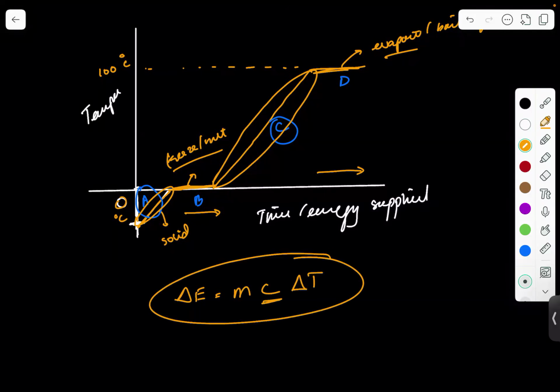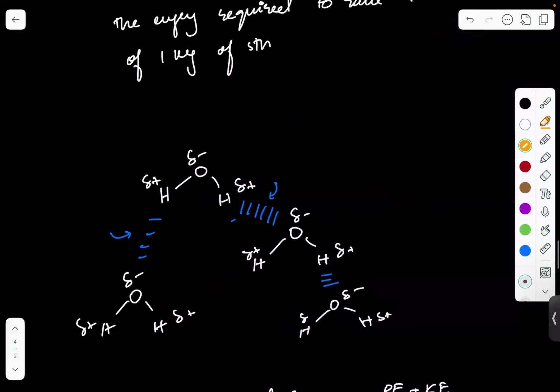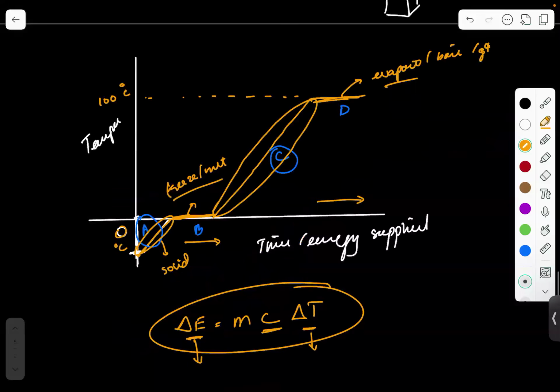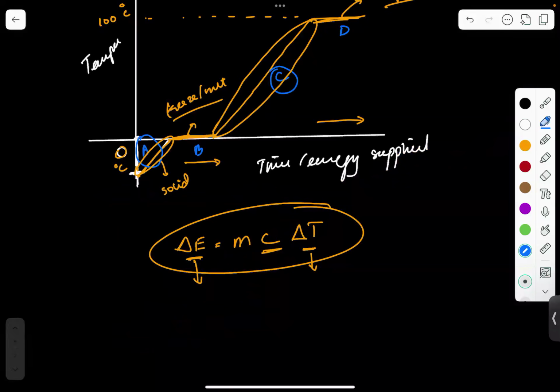This solves for the amount of energy you need to raise the temperature of something by 1 degree, which is what I said, right? 1 kg of something by 1 degree. Correct?